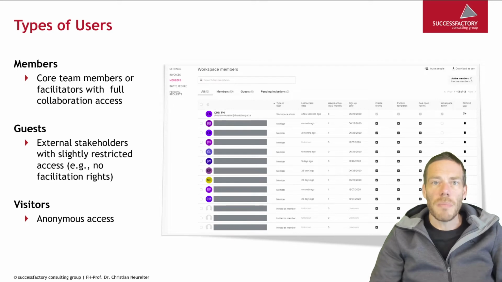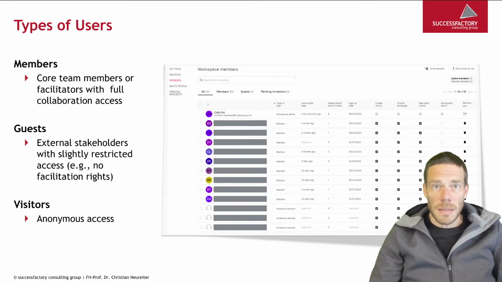If someone is a member of your workspace, you have to invite them, and then they basically can join all the open rooms and have different rights also in restricted rooms like private rooms. So you can decide in your workspace member management section if they are able to see the open rooms, if they are maybe a workspace admin, if they can create rooms on their own, or anything else.